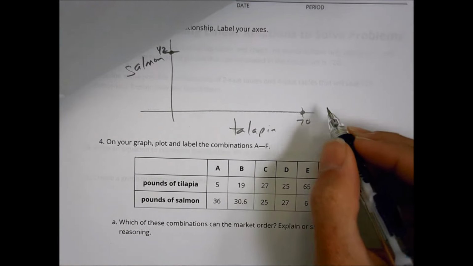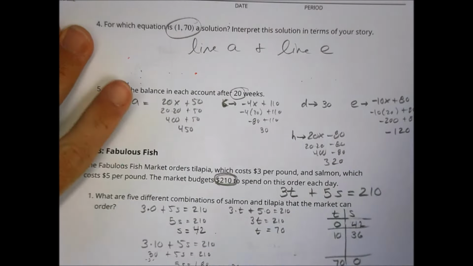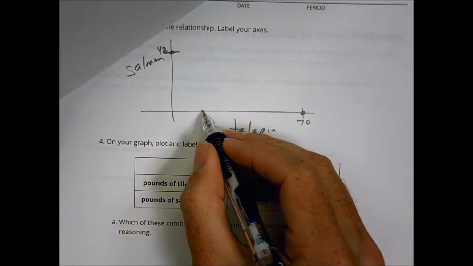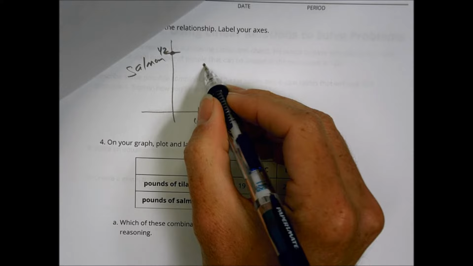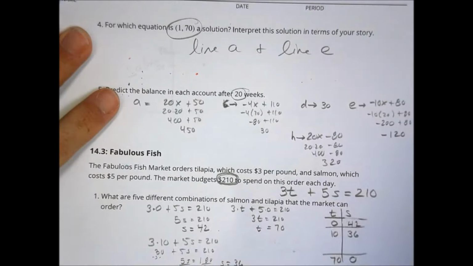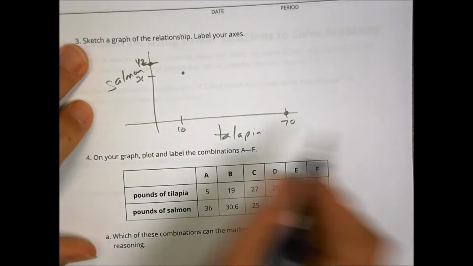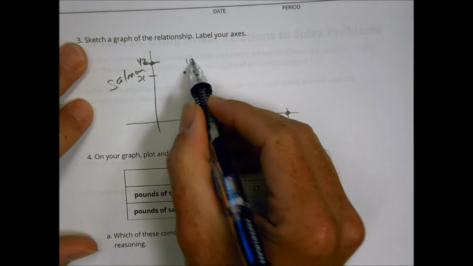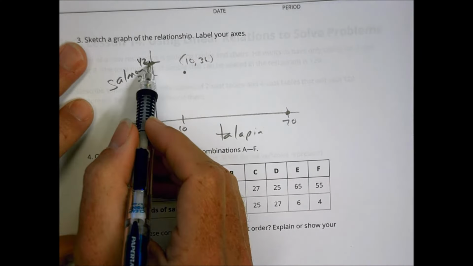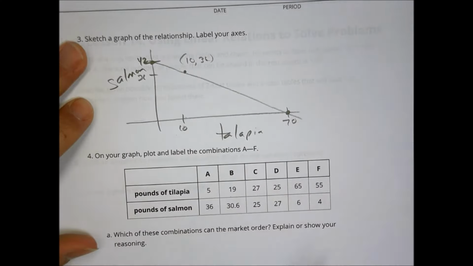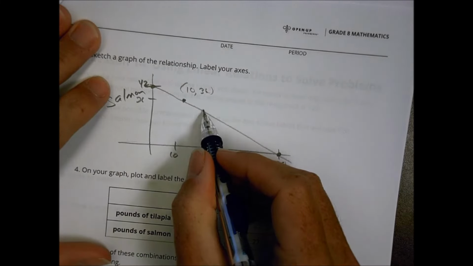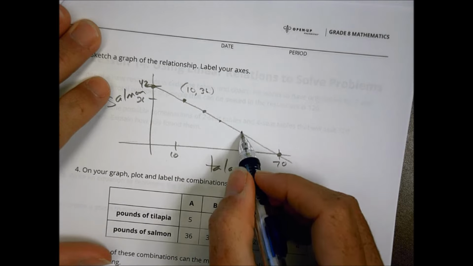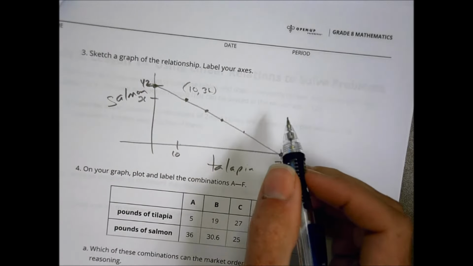I also know that when my tilapia is at 10, which might be about here, my salmon is at 36. So it would look something like this. My graph would look something like that. Those are my options when it comes to graphing that, which means there are other points along this line that would be solutions to that equation.